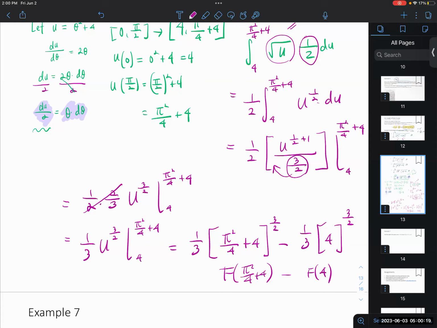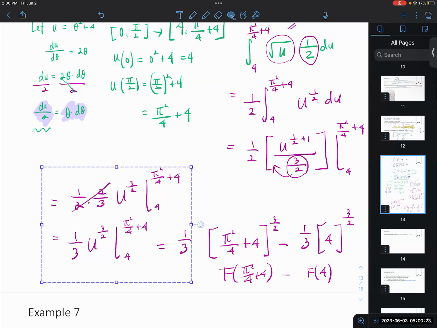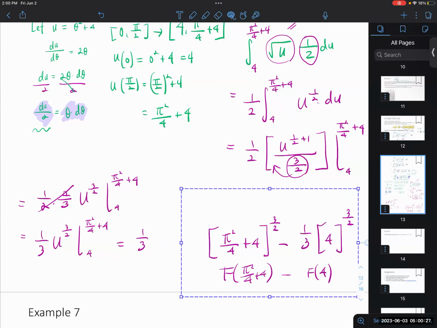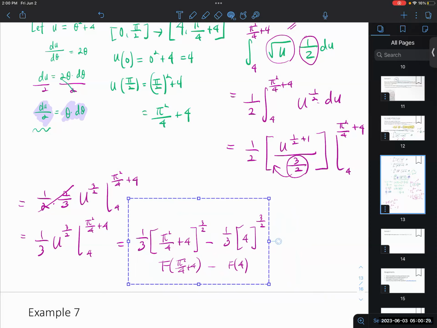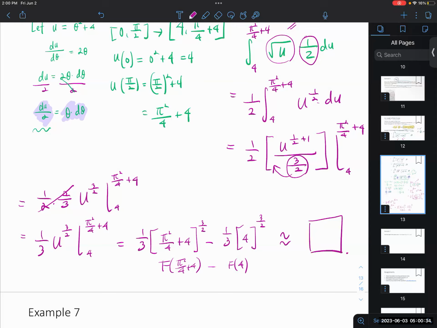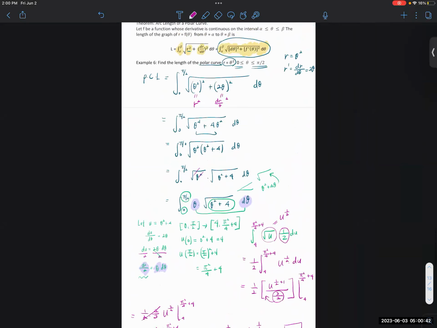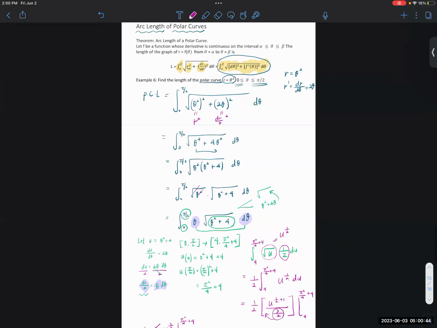I haven't calculated yet, so you can try. If you use a decimal, it's going to be a very simple answer. Try this. You're just going to enter this equation and it will calculate it for you. So that's how you're going to find the arc length of the polar function.